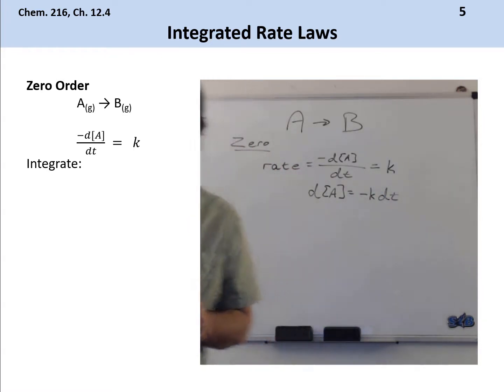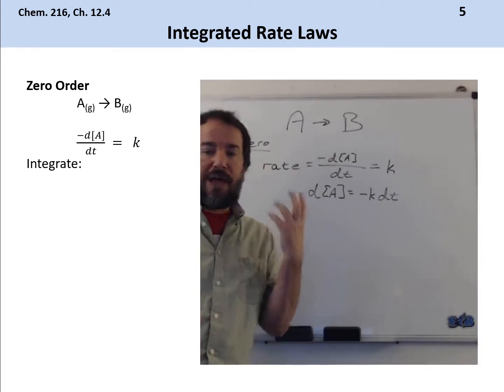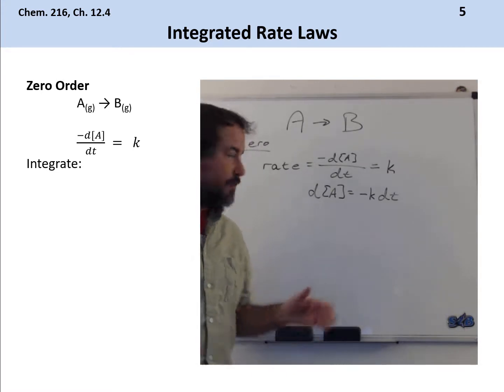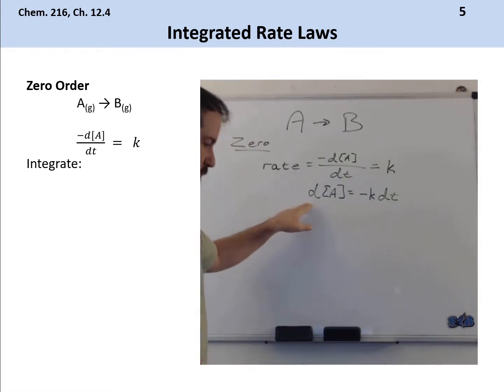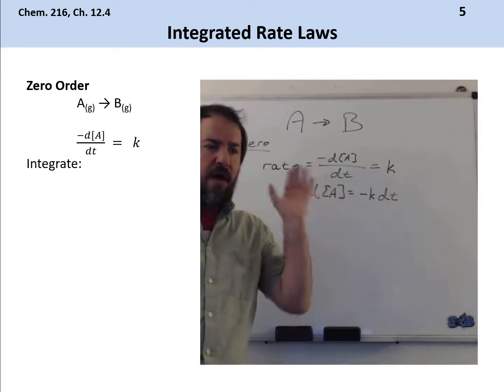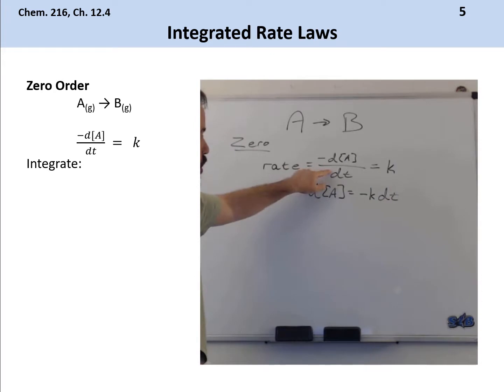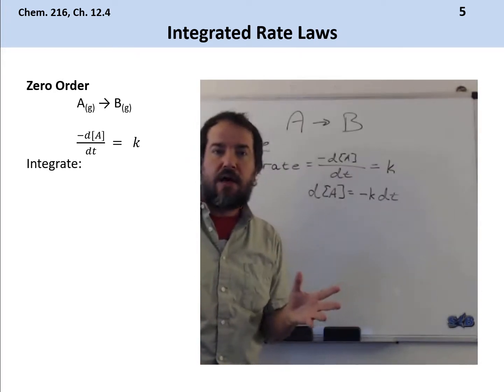And now I'm going to go ahead and integrate it. For those of you that haven't covered this in math class, integration is basically taking this and saying what happens over a certain amount of time, right? A differential is a speed.